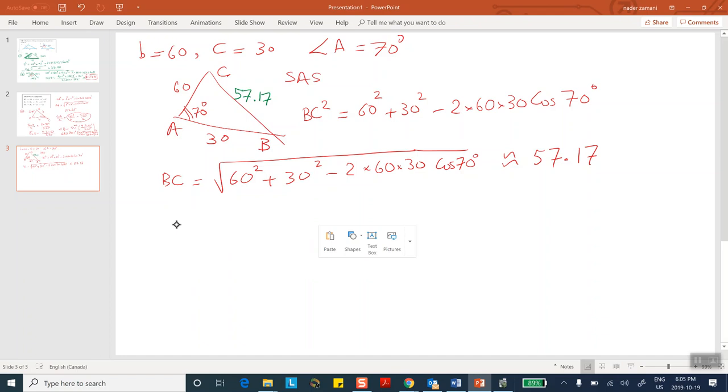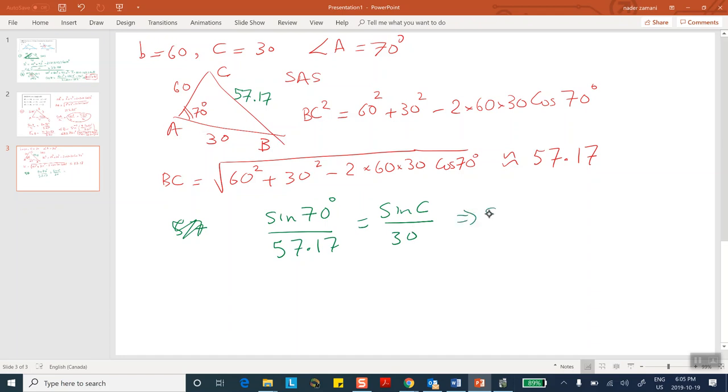Let me write it like this: sine of 70 degrees over 57.17 is equal to sine of C over 30 units of length right there.